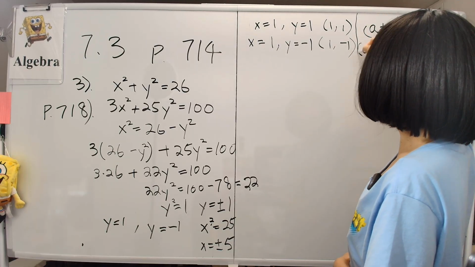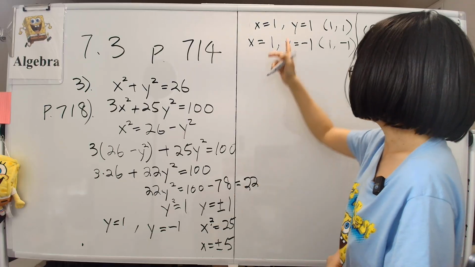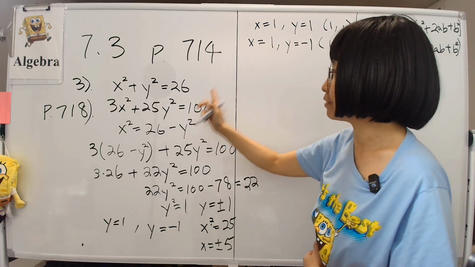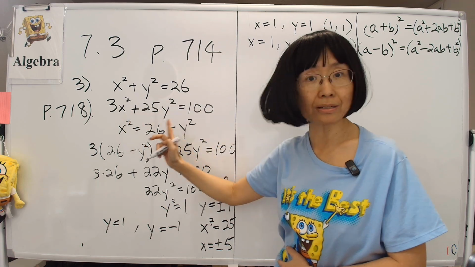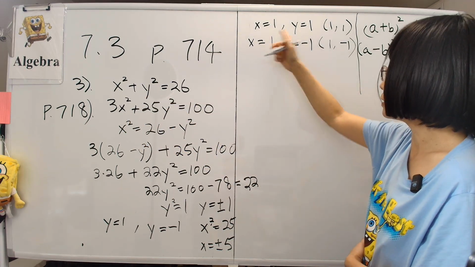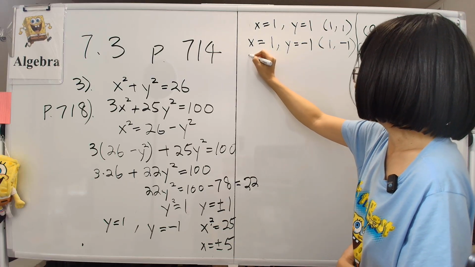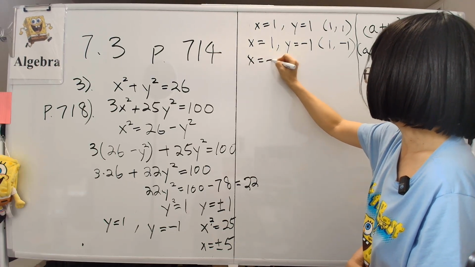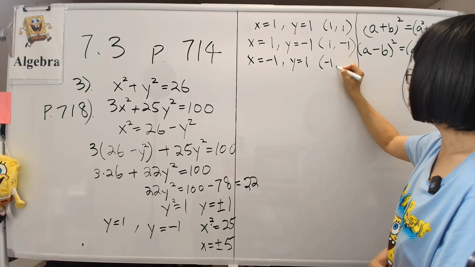Okay, notice that the reason these are solutions is that when you plug it in here, whether it's positive or negative, everything got squared. So it all works out anyway, which is why all combinations work. So next, we have x equal to minus 1, y equal to positive 1, and that gives the point minus 1 comma 1.